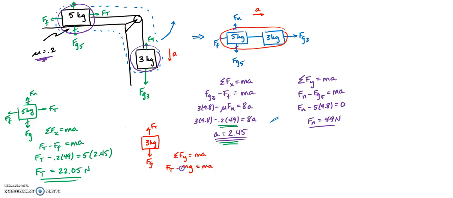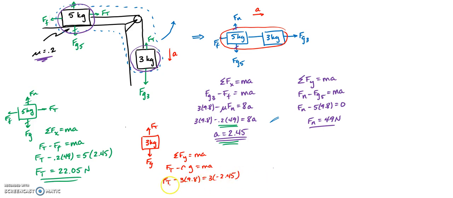And substitution, so force of tension minus 3 times 9.8 equals 3 times, and now since we're going down, this is going to be a negative 2.45, so don't forget to keep those signs all working for you.